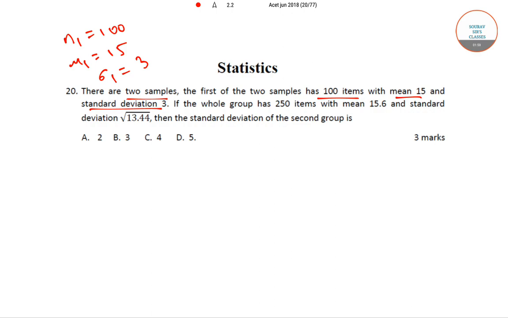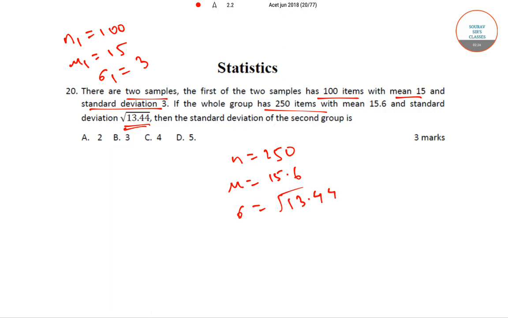If the whole group has 250 items, so n = 250, with mean 15.6, mu = 15.6, and standard deviation is root 13.44. So sigma = root 13.44.